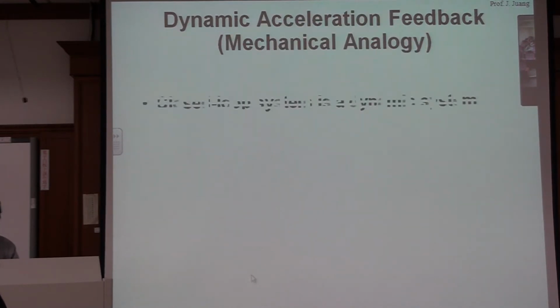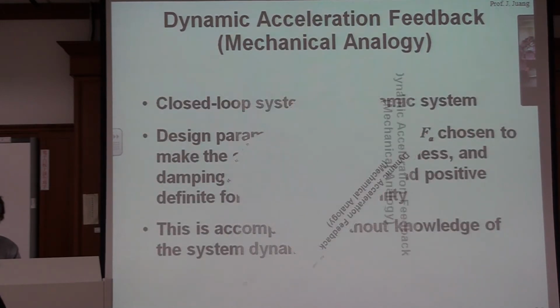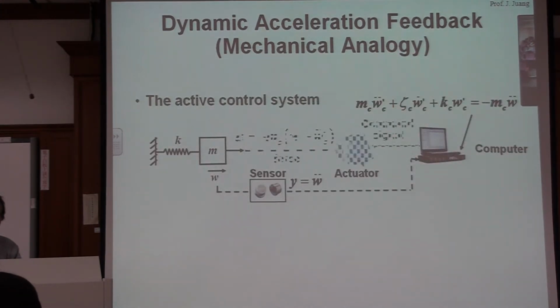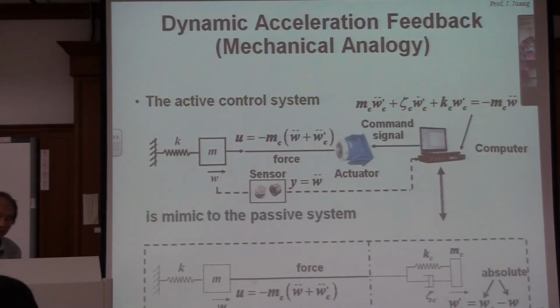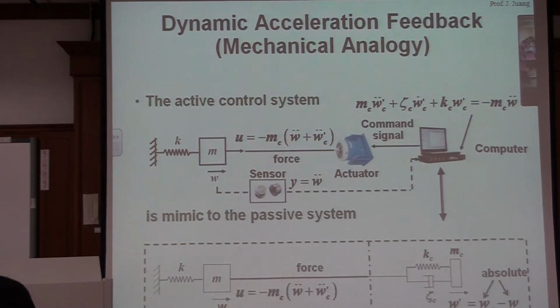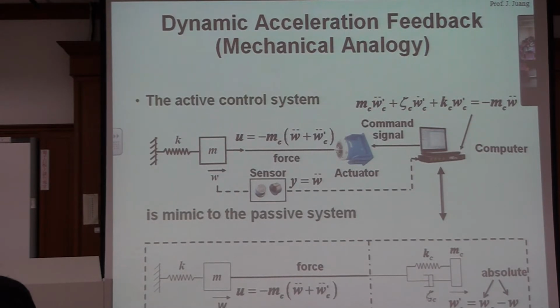All right. Then let's look at this. Then this is the mimic. So this control system is a mimic to this. Now, what is the difference between this and the displacement feedback?